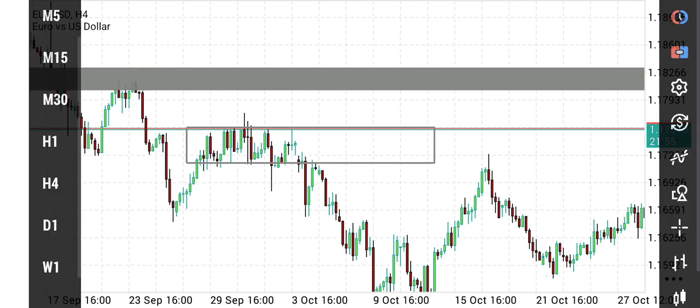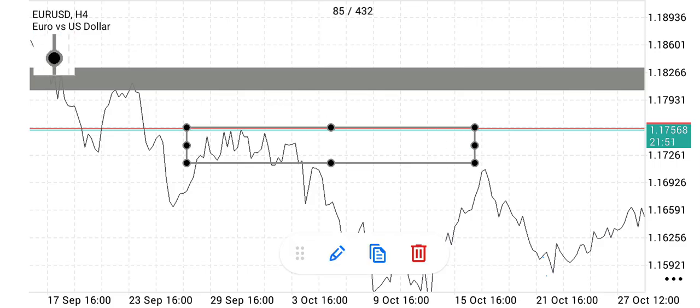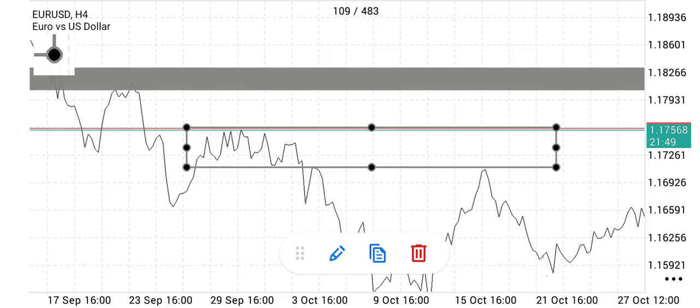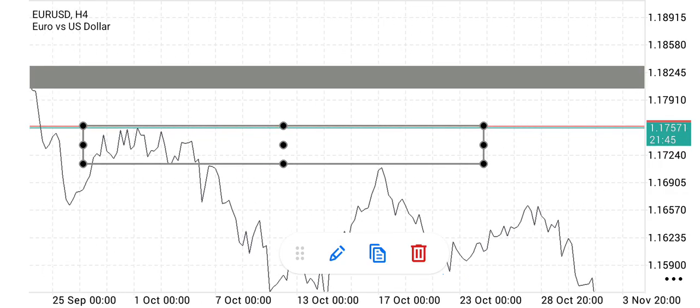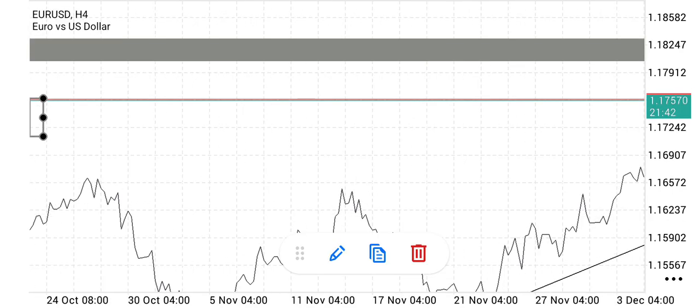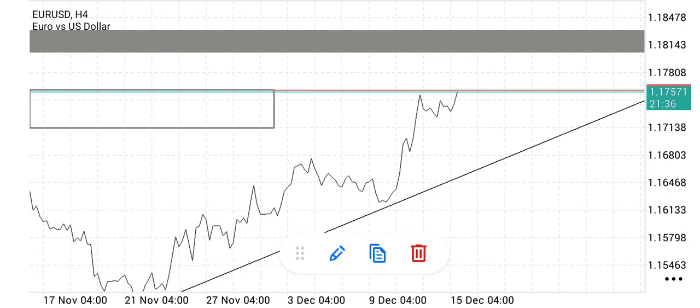So if I do a line chart, you'll be able to see clearly. This is where we caught a last kiss trade. So I'm gonna drag this consolidation right over here, just to make sure that we are on the same page. The price hasn't broken above this consolidation box.